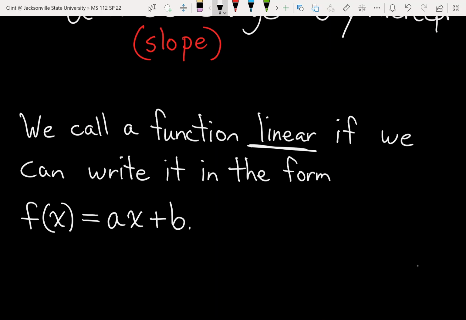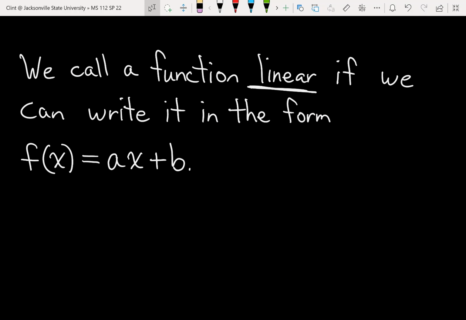Then we would say we have a linear function. Thinking about it graphically or geometrically, that means the graph's going to be a straight line, linear. Looking at the algebraic expression of the function, the important part, when we put it in this form, is that we have an exponent of 1 on the x there. That's what makes this thing linear.